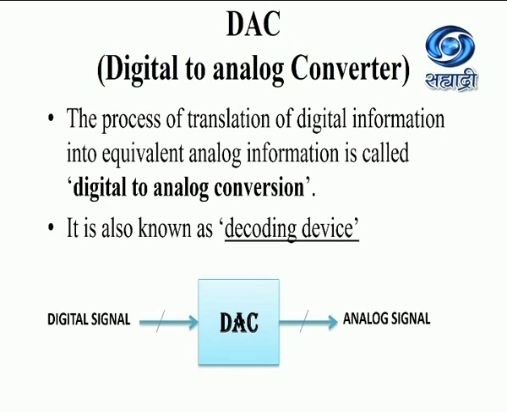If you observe this diagram here, DAC is a circuit which converts digital inputs into analog outputs. That's why this device is also called a decoder, because digital forms are always in coded form and we can convert this code into human understandable language. The input of DAC is always a digital signal and the output of DAC is always an analog signal.